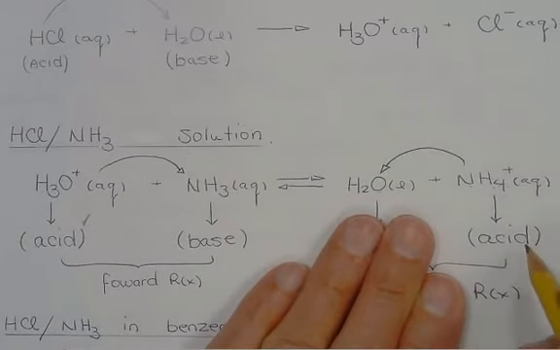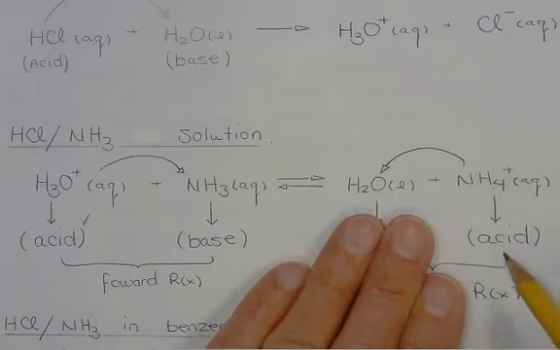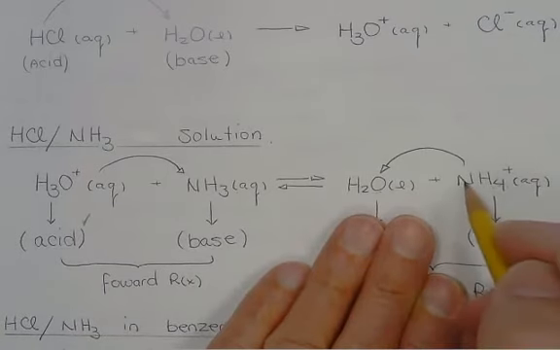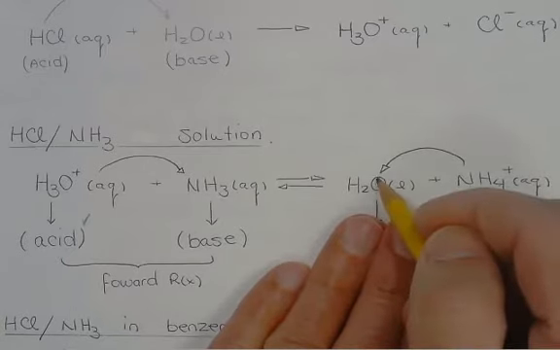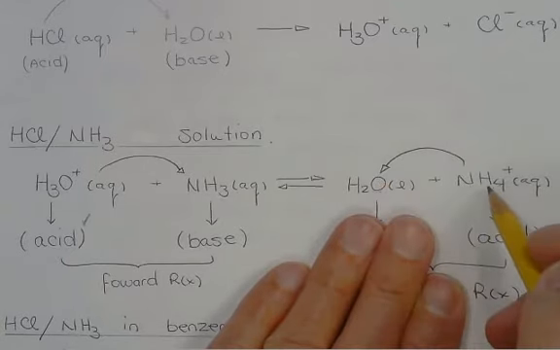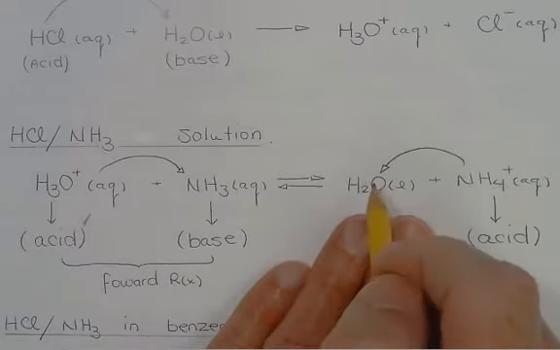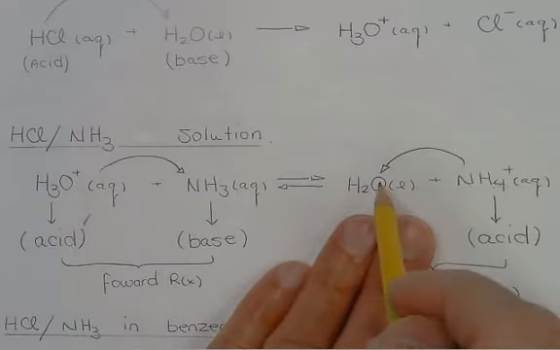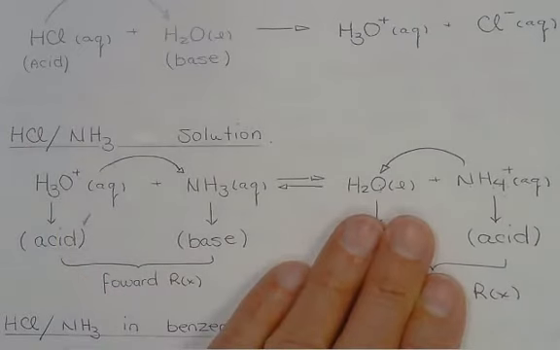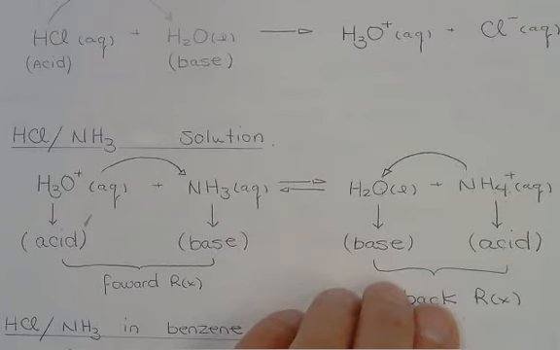So going backwards, ammonium is the acid. Well, take it from water's point of view. Water accepts an extra hydrogen from the ammonium ion to make hydronium. So going from here to here, what happened? It accepted a hydrogen, and that makes it a base.